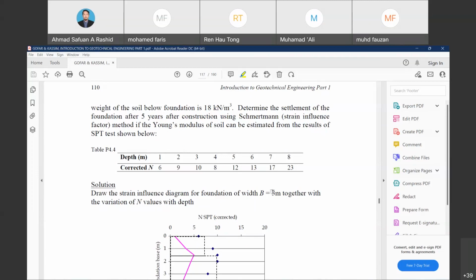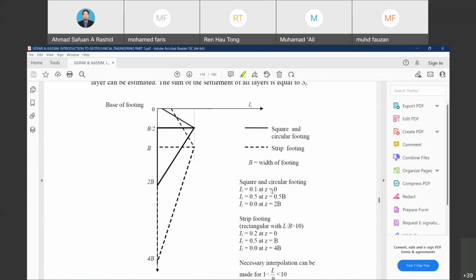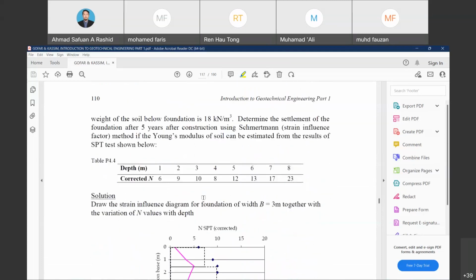Because for the square footing, the value for the Iz we may use up to 2B. For this case, 3 times 2 will become 6, so we need to use the information up to 6 depth: 0, 1, 2, 3, 4, 5, 6.